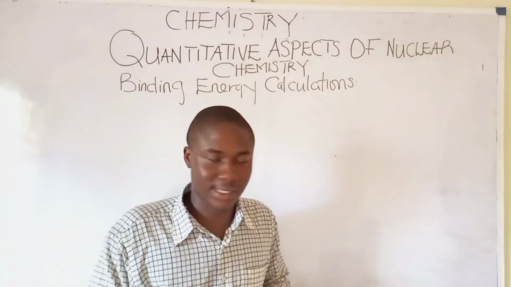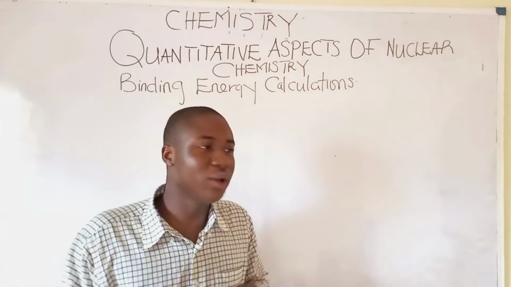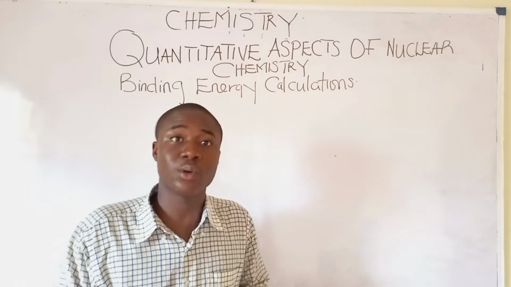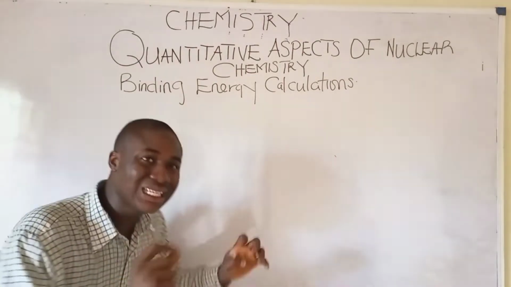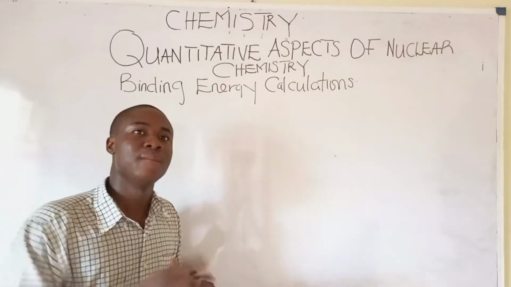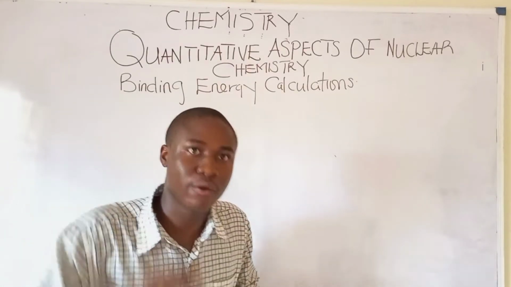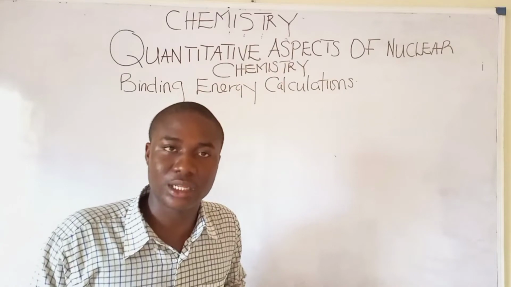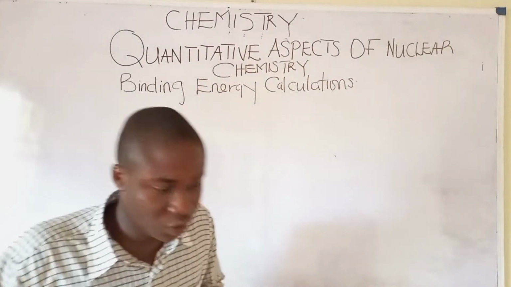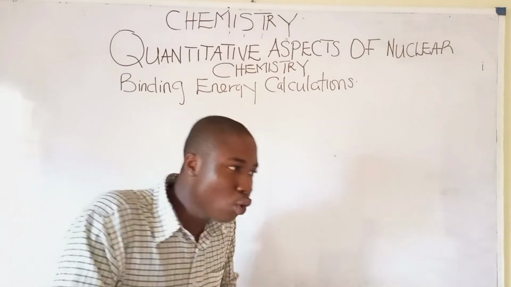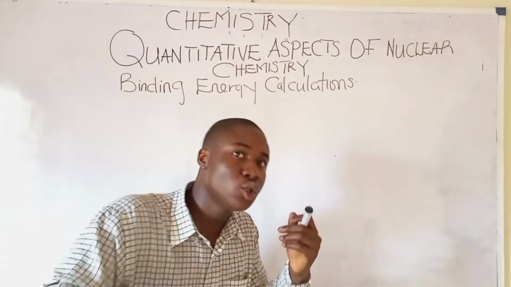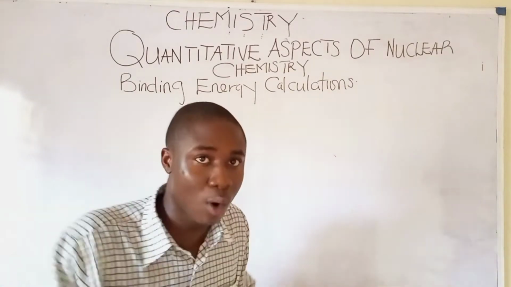In today's video lesson, I'll be teaching on a very important aspect of radioactivity, basically nuclear chemistry, and it is on binding energy calculations. Now, the first question you ask yourself: what is binding energy? This is the energy required to break the nucleus of an atom to produce its components.